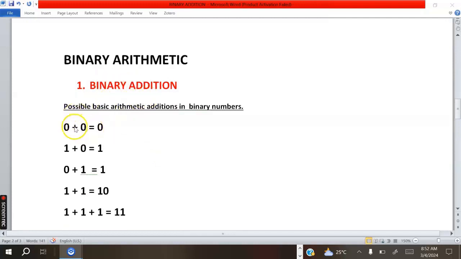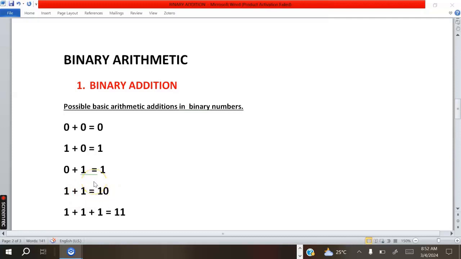For example, 0 plus 0 for binary addition is supposed to give you 0, while 1 plus 0 is supposed to give you 1. 0 plus 1 is supposed to give you 1, while 1 plus 1 should give you 1, 0. Remember, this is binary addition, not normal numbers.